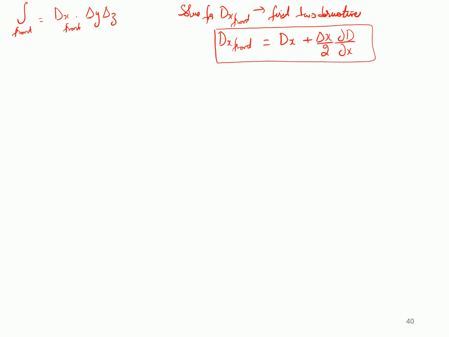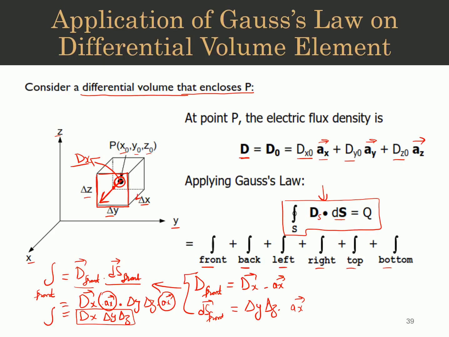Visually we can see that Dx is the point of interest along the x-axis. We want to see how much the electric flux line coming from point P towards positive x has changed, so it has moved a small step from the origin by delta x divided by 2, and the change in D is the partial derivative coming into the picture.